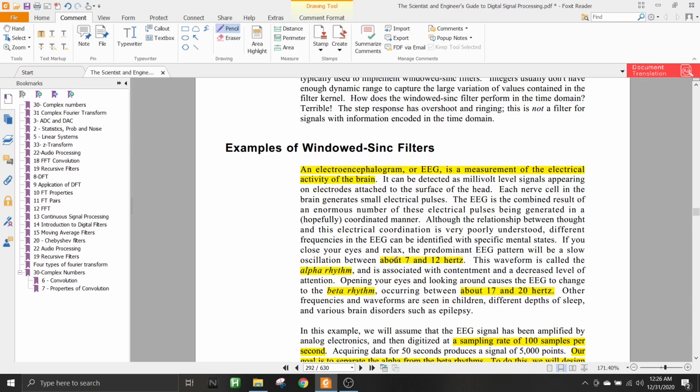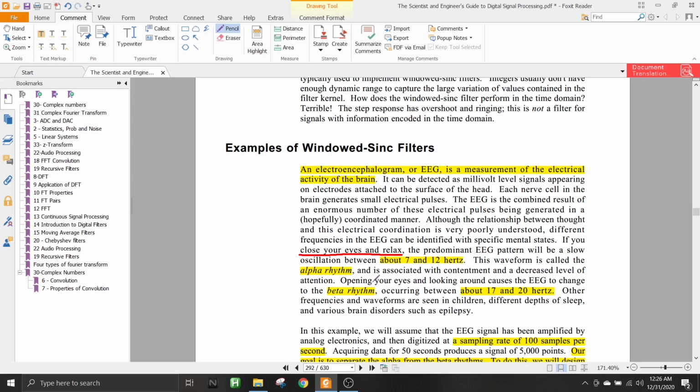This is just a knowledge-based thing: in most human beings, it is seen that at about 7 to 12 hertz, the waveform is called the alpha rhythm, and this happens when we are in relax mode. When someone is in relax mode, we close our eyes and relax, not focusing on anything. In that case, our EEG pattern will show a frequency between 7 and 12 hertz, and this is known as the alpha rhythm.